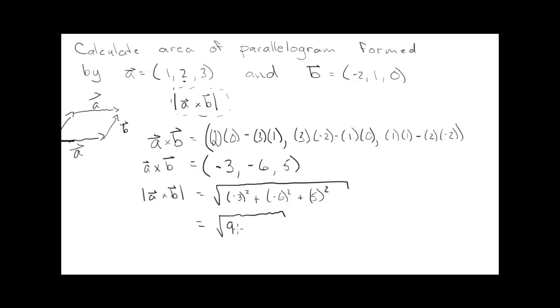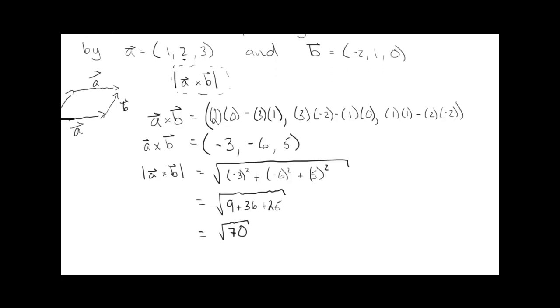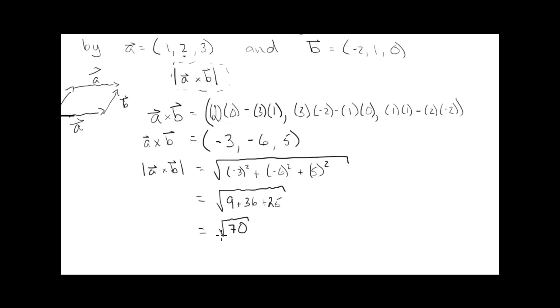So 9 plus 36 plus 25 equals the square root of 70. And square root 70 doesn't reduce any further, right? There's no perfect squares which divide that, unless you want it as a decimal. But that will be the area of the parallelogram.